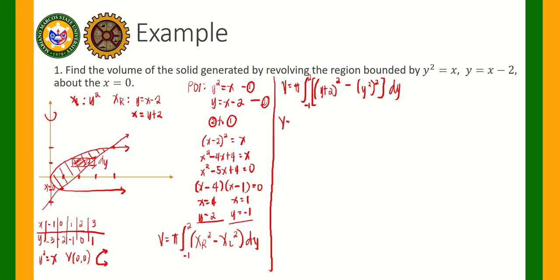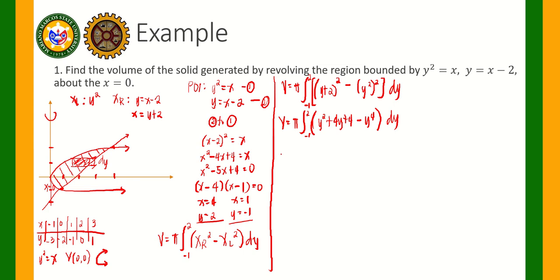So, we manipulate this one. We further solve and simplify. This is equal to y squared plus 4y plus 4 minus y raised to 4 dy, limits from negative 1 to 2. And we can separately integrate.